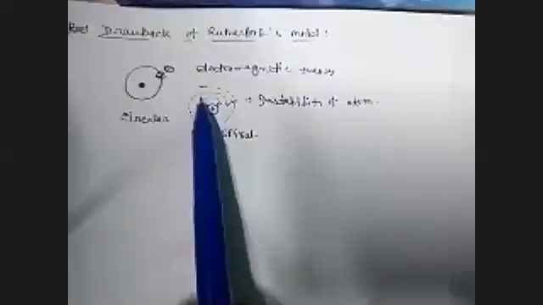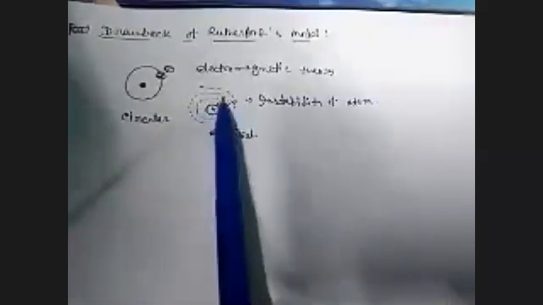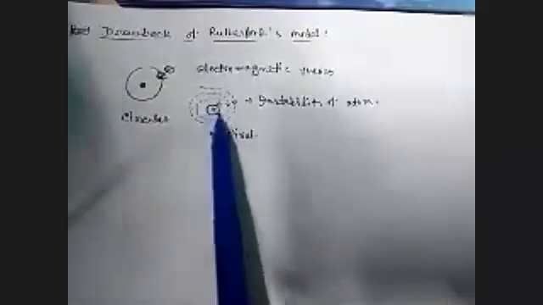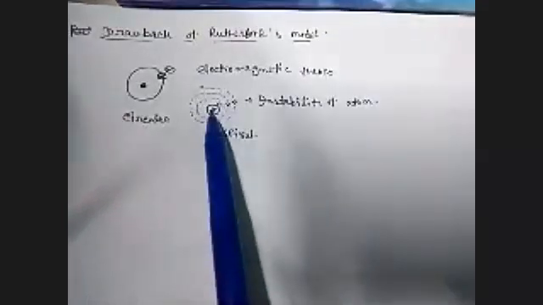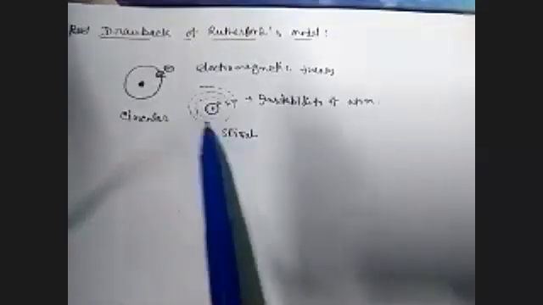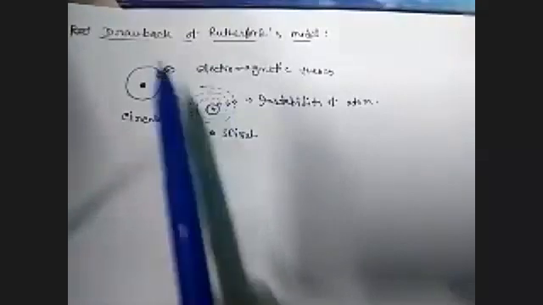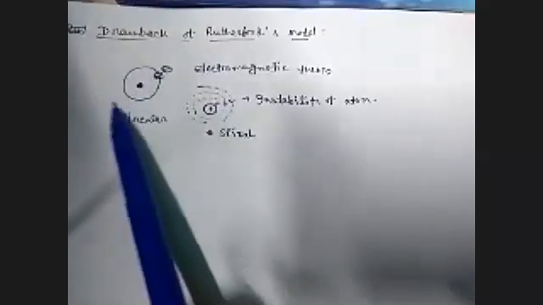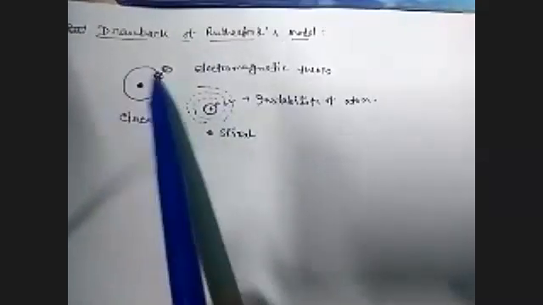Remember, it was assumed that the path will be like this due to the electromagnetic radiation theory. But actually, it doesn't happen at all. Not always, but at that time it was observed to be like this.